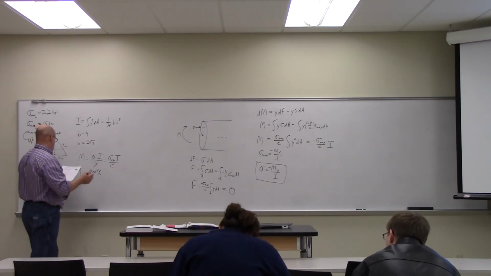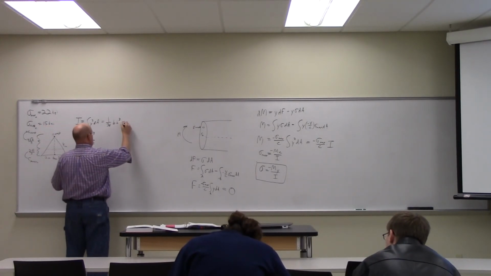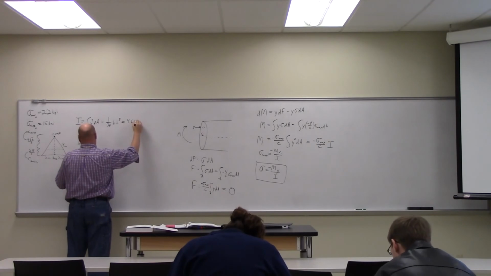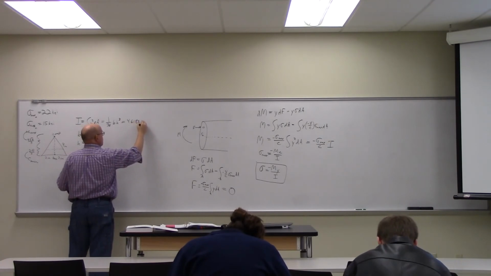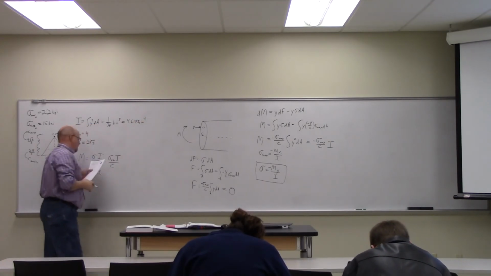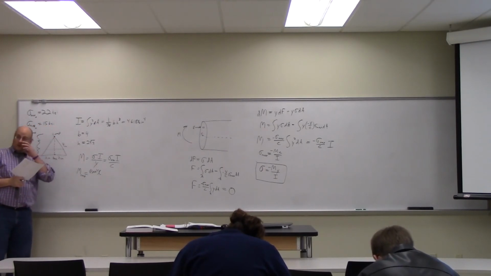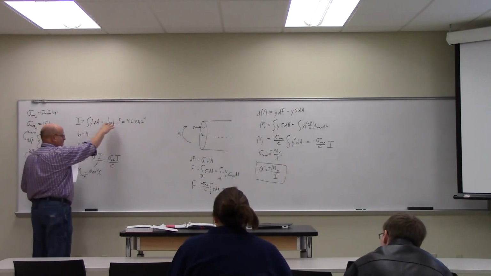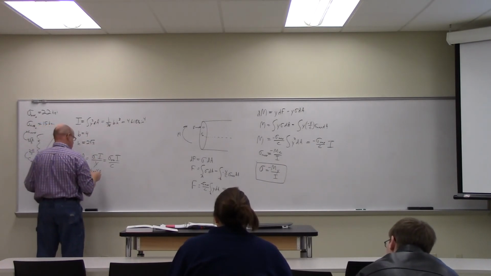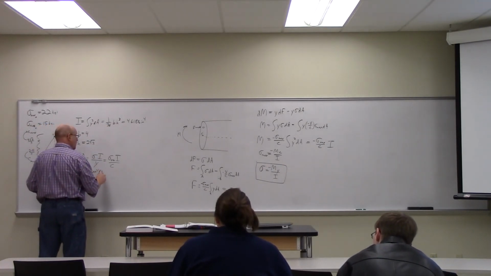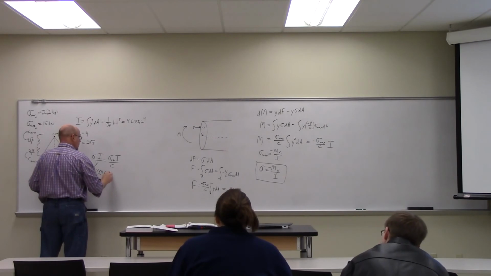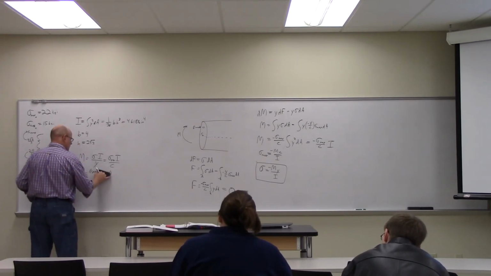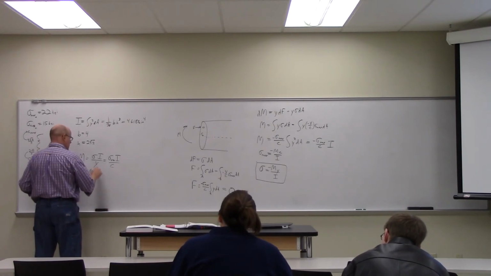Oh, actually here. They calculated I. 4.6188 inches to the 4. That's I for the sample. Plugging in these values, that's 4.6188. And actually, because we're working in English units, I'm going to go ahead and put the units in there.